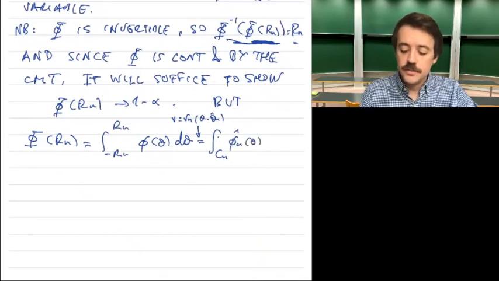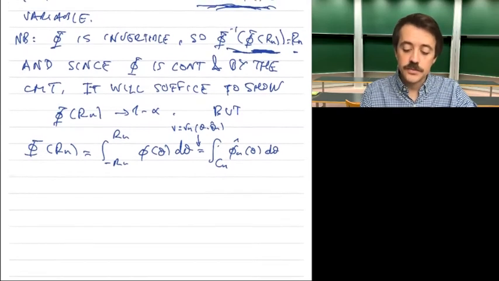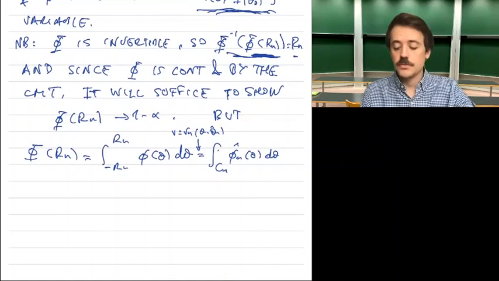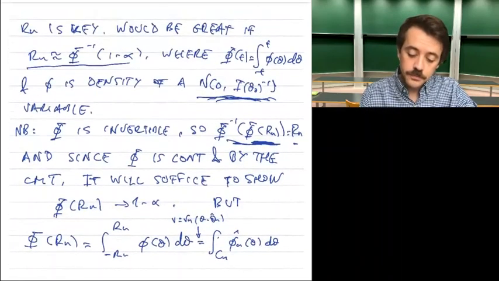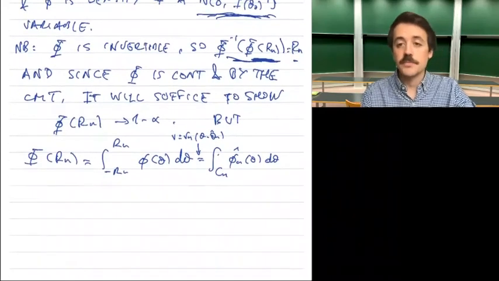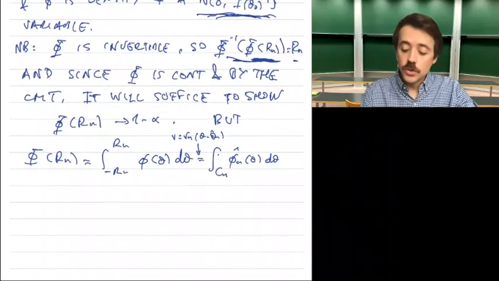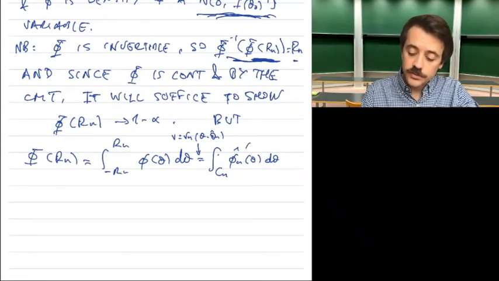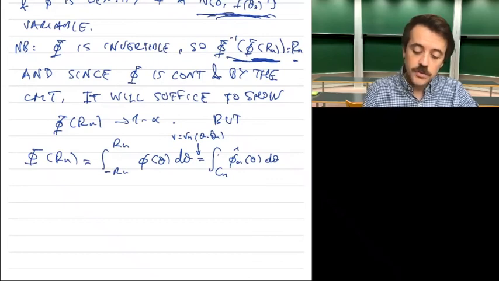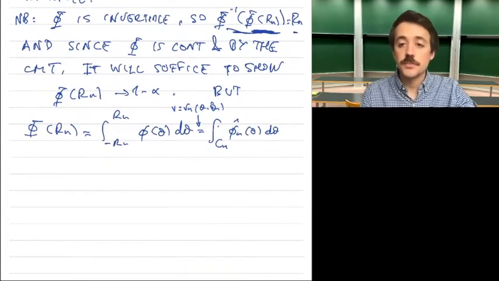This phi n hat is from the previous proof, from the BvM proof. So it's the same as that. Given that we've got this, it has absorbed basically the square root of n of the change of variable. So you should take a look at this and be convinced by it.